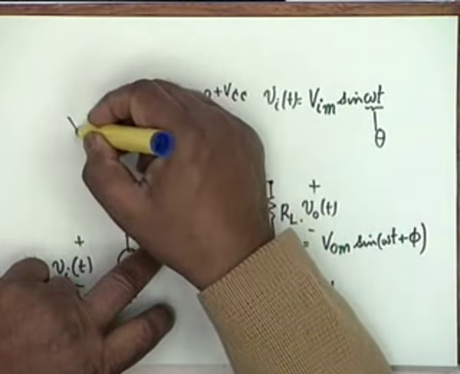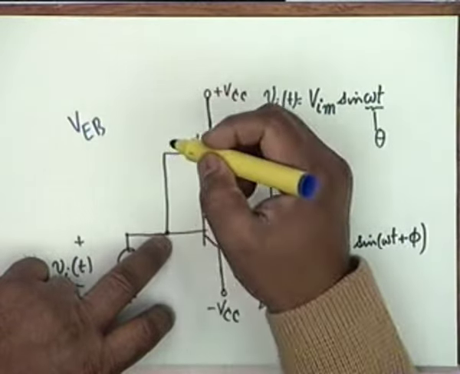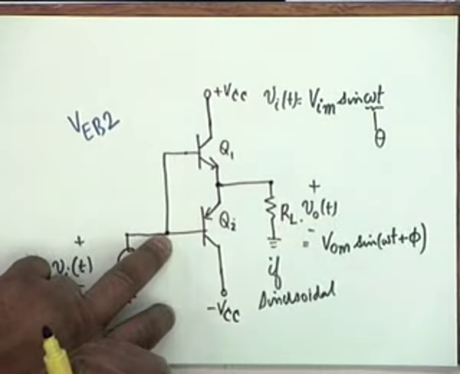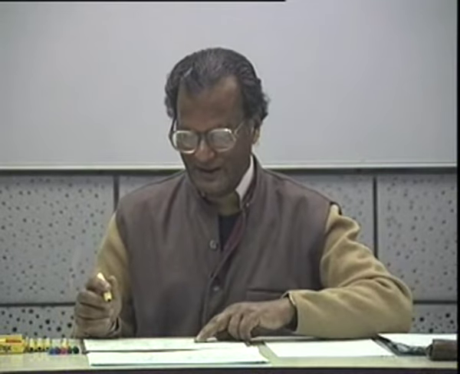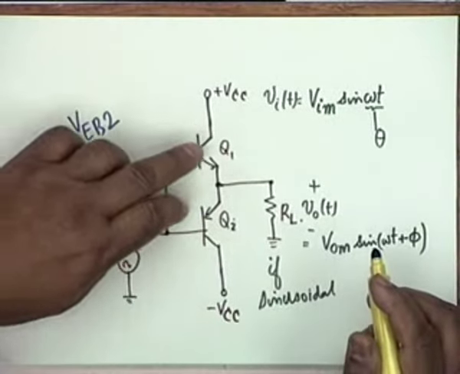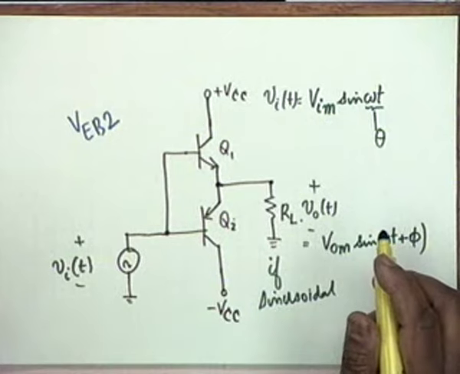For transistor Q2, we have V_EB2, which will be a positive quantity. V_EB2 has to be greater than V_EB2 on, which is approximately 0.5 volt. Therefore, when V_i is 0, there is no question of conduction of Q1 or Q2, both are off.